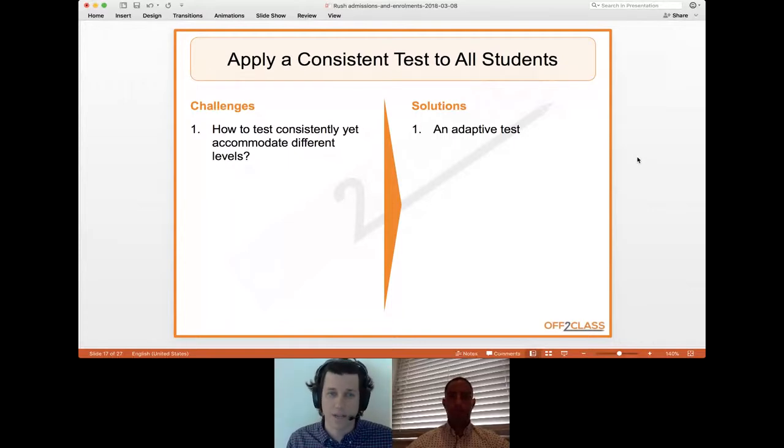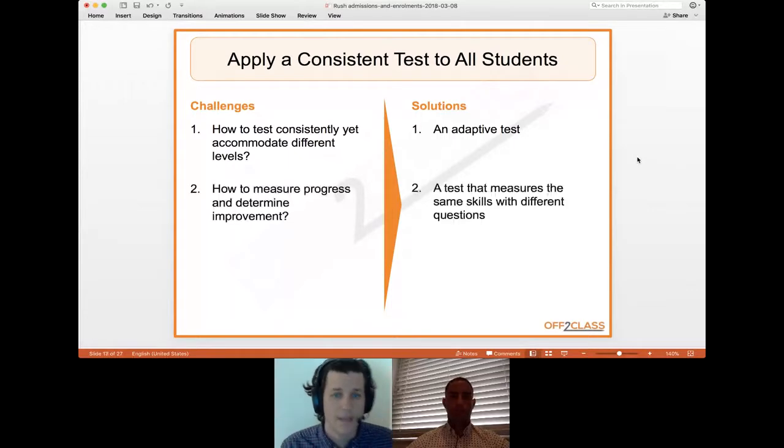Okay, let's look at the next challenge. How to measure progress and determine improvement. So part of the issue with this is you can have a test that's great, an onboarding process that's great, but then the only thing you ever use it for is when a student is new. How then do you measure their abilities as they enhance?